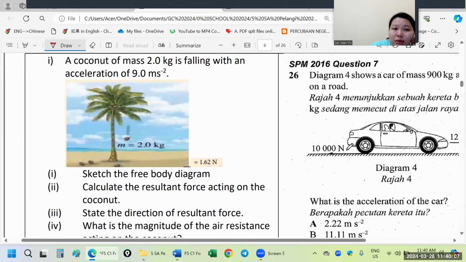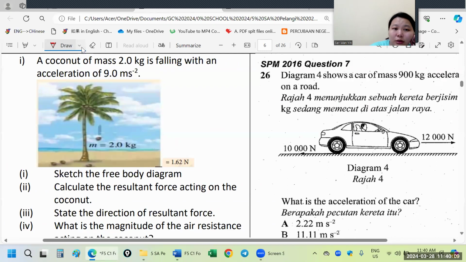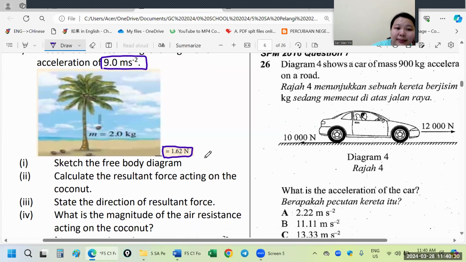Okay, now coconut. A coconut with mass 2 kg is falling with acceleration 9 meter per second squared. Sketch the free body diagram. Can you please sketch now? Sketch the free body diagram on the coconut.